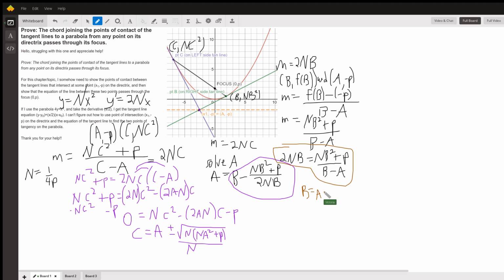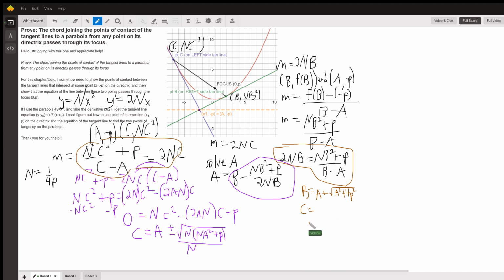a plus the square root of a squared. You'll have to do all the other steps. This is already taking too long. But it turns out to be this. That b, in terms of this point and p, is this, and you can do the same thing solving this.